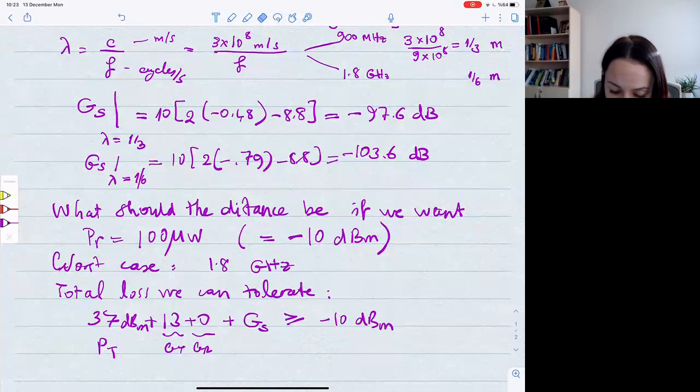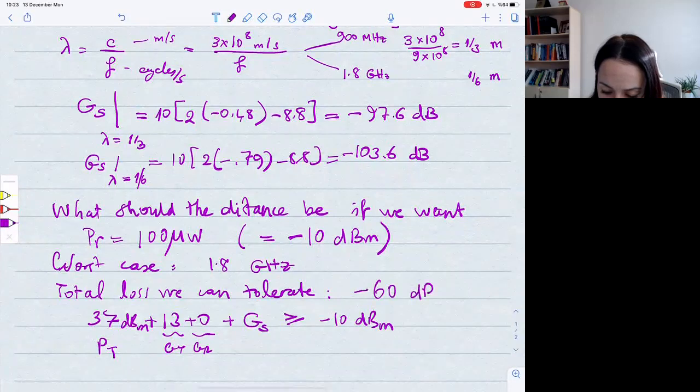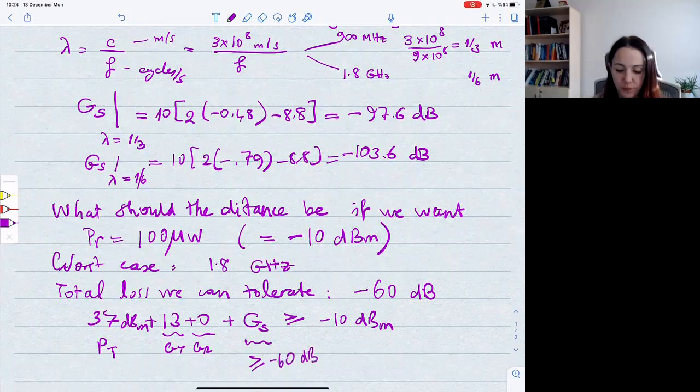So the largest loss that we can tolerate is then negative 60. Am I right? We can tolerate 60 dB loss. So GS has to be larger or equal to negative 60 dB.